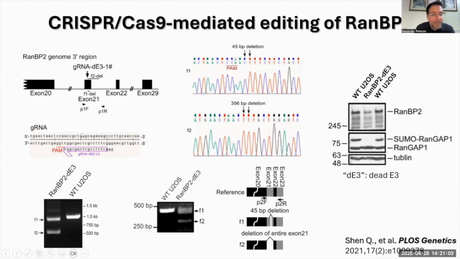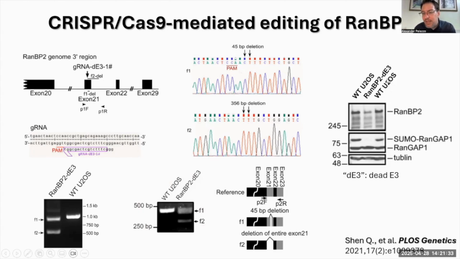We have two copies of every gene, so in this cell line, the two copies of RanBP2 are shorter than the wild type if we amplify them. They're shorter because one copy suffered a 45 base pair deletion and the other one suffered a much longer deletion. One deletes a little bit of exon 21 and the other deletes a little bit longer. It results in defective versions of RanBP2 being produced.